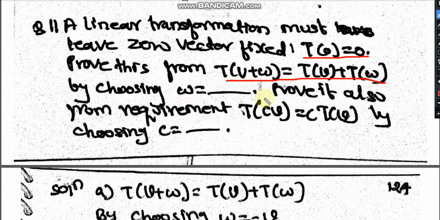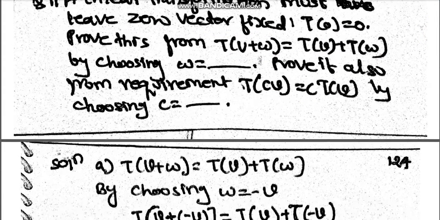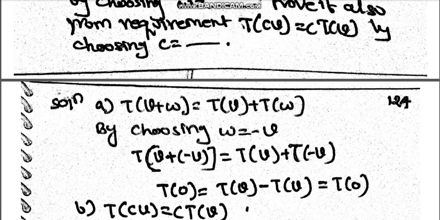By choosing W equal to something, you will get this, and prove it also from the requirement that P of CV equals C into P of V by choosing C. So we must leave the zero vector fixed. We can do that by choosing W equals minus V.